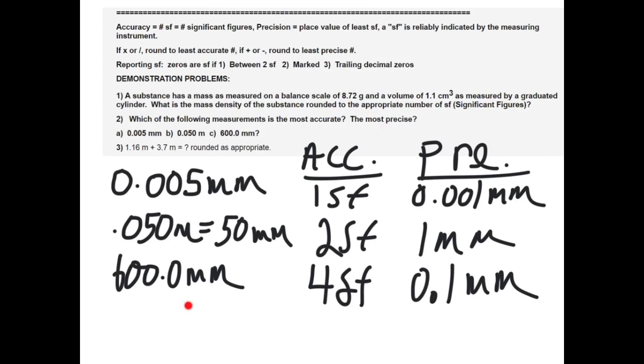So 600.0 millimeters is the most accurate, but its precision is only 1/10 of 1 millimeter, making it the least precise of all the numbers. However, 0.005 millimeters, while it is the least accurate of the measurements, is the most precise at 0.001 millimeters.